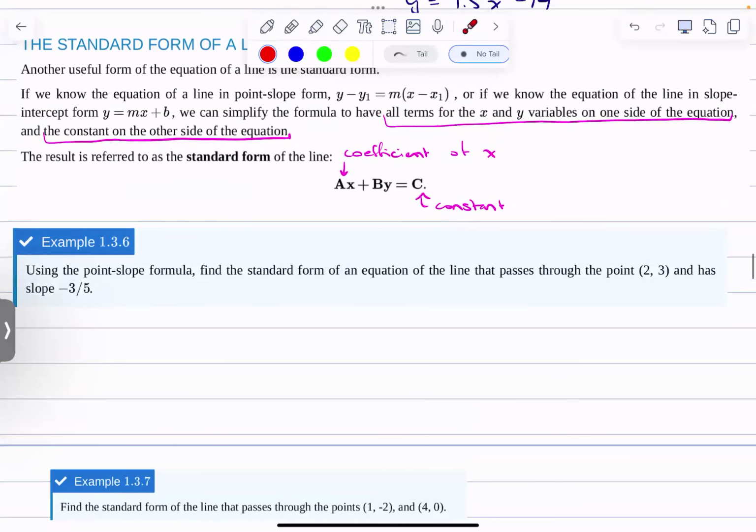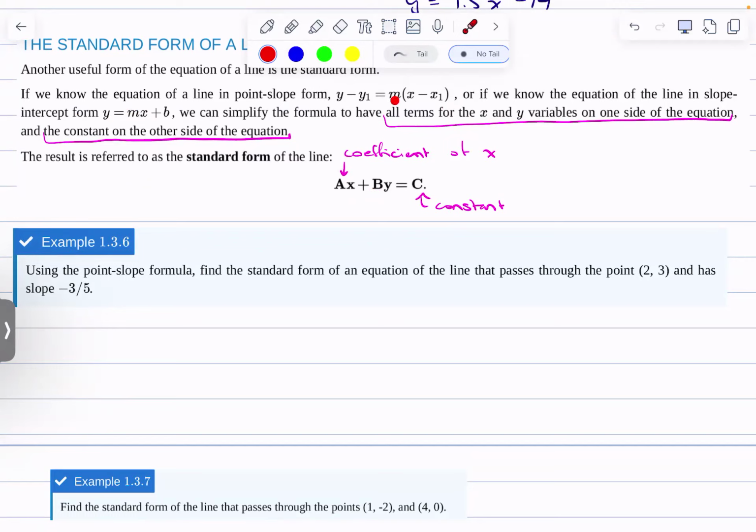As an exercise, you could take y equals mx plus b and rearrange it into the standard form. What would you have to do from y equals mx plus b? You'd have to subtract mx from both sides, and then you get y minus mx equals b.